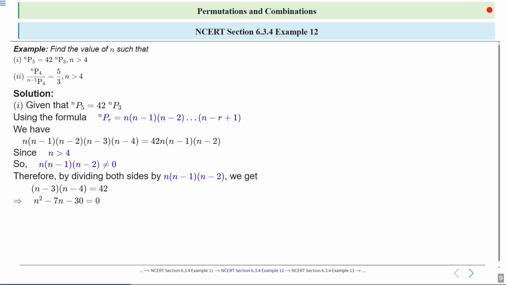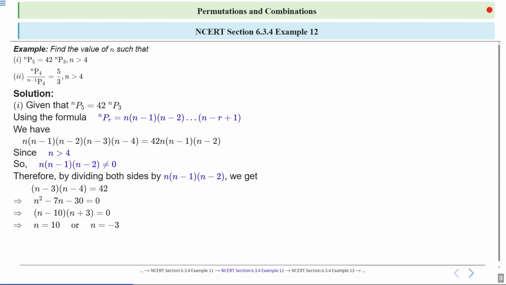Okay, so this is a quadratic equation that needs to be solved, and it implies (n minus 10) times (n plus 3) equal to 0. From this we will get the possible values of n. It implies n is equal to 10 or n is equal to minus 3, but we were given the condition that n is greater than 4.